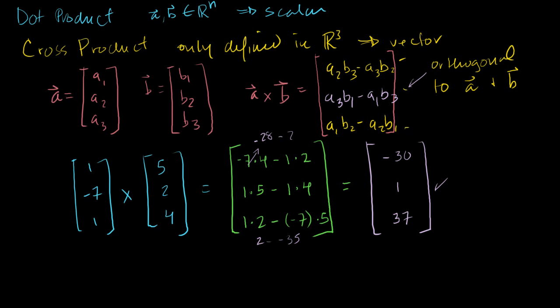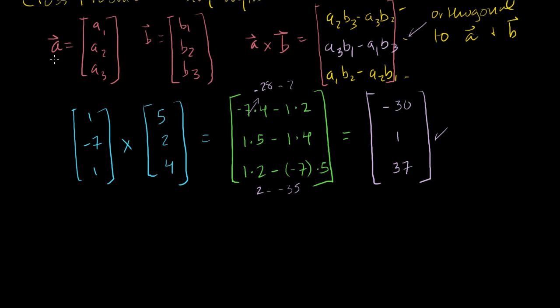If you think about the last video when we were talking about normal vectors to a plane, we can define a plane by two vectors. Let's say I have vector A right there, and then vector B like this. Those define a plane in R3, right?